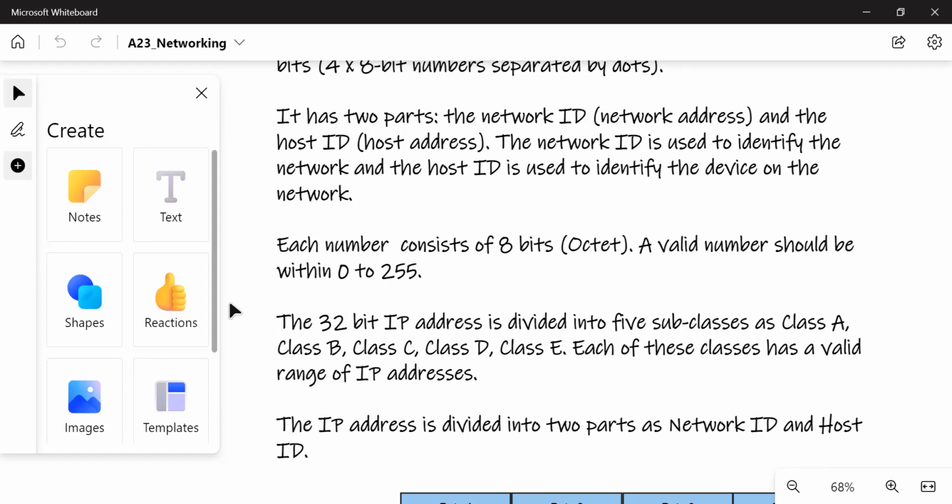We are going to talk about the newer version later on, but first, let's start with the 5 subclasses. These are known as class A, class B, class C, class D, and class E. The point is that for each class, we have different ranges, and you should remember that.